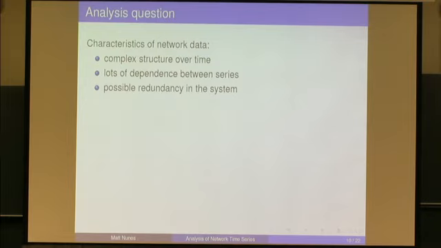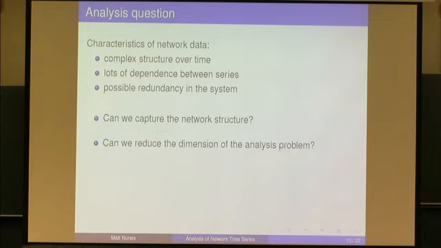What can we do beforehand to simplify the analysis problem? Can we capture the network structure, and can we reduce the dimension of the analysis problem in question? We might be talking about forecasting in this context, but also spectral estimation or change points or something like that. And do we have to take into account all of the nodes in the network?